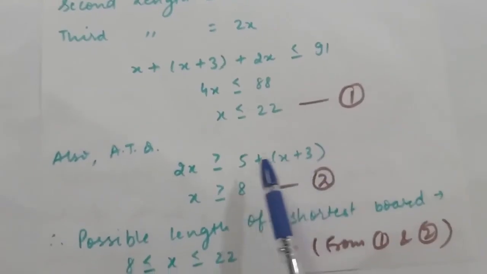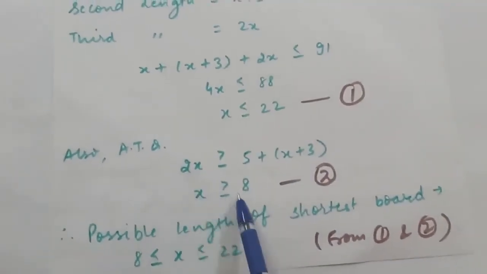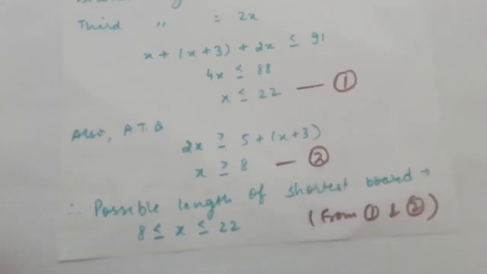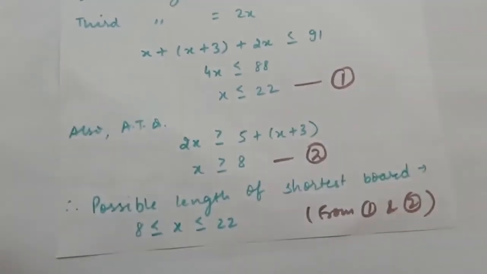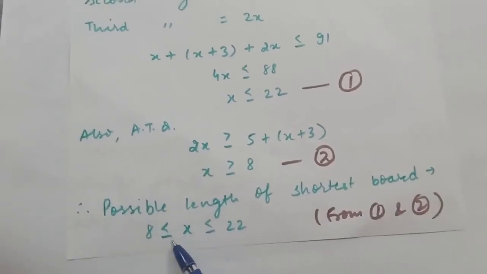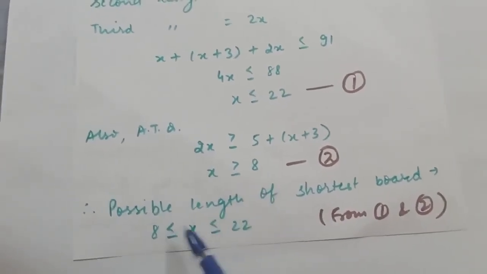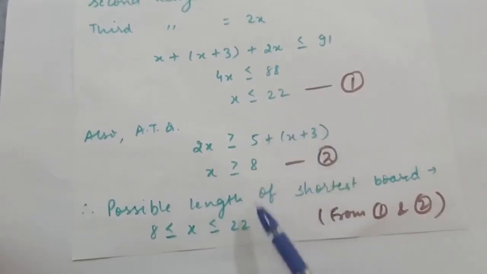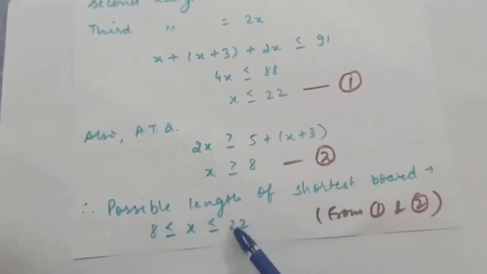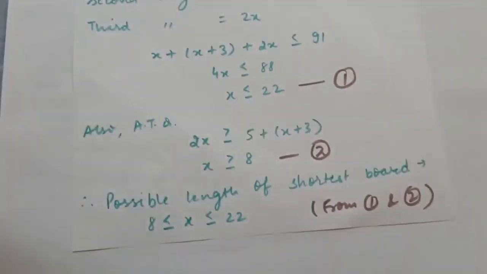So when you solve it, you will get x greater than or equal to 8. Let this be the second inequality. Now from 1 and 2 we can say that x is greater than or equal to 8 and less than or equal to 22. So the possible length of the shortest board is this, right? Clear?